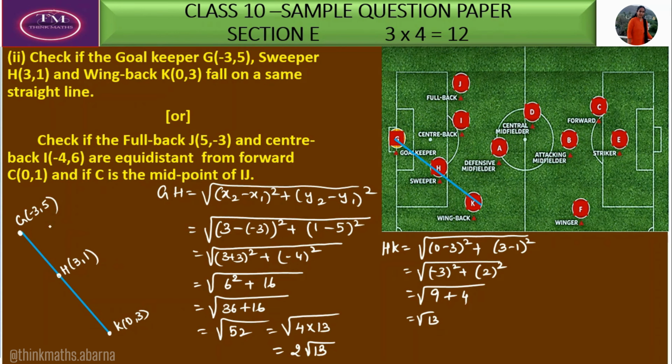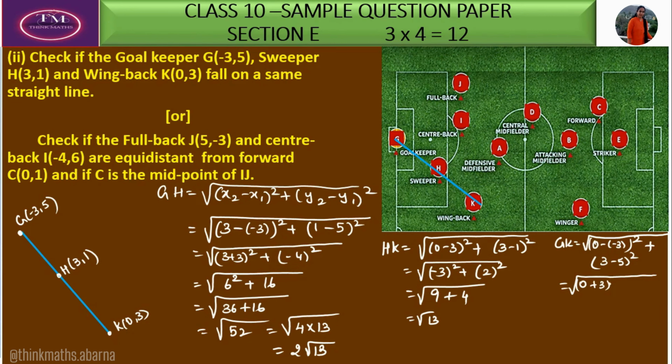Next we need to find GK. So GK is equal to square root of 0 minus 3 whole square plus, what is y coordinate? 3 minus 5 the whole square, which is equal to square root of 0 minus into minus plus.